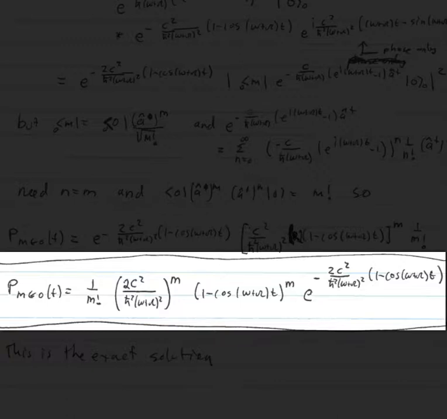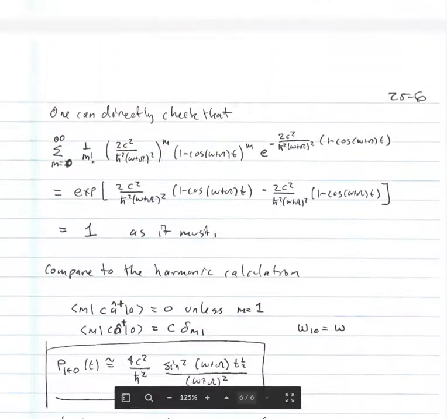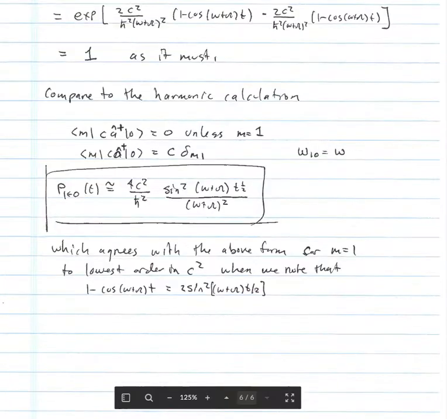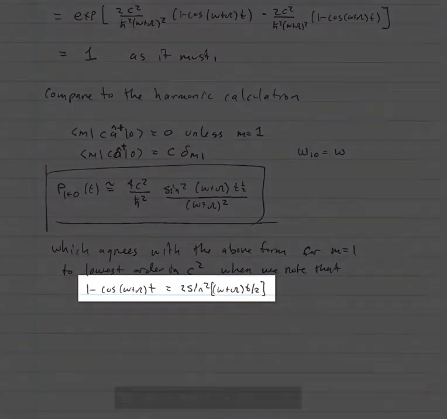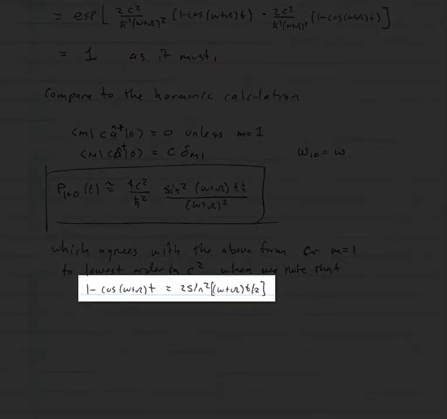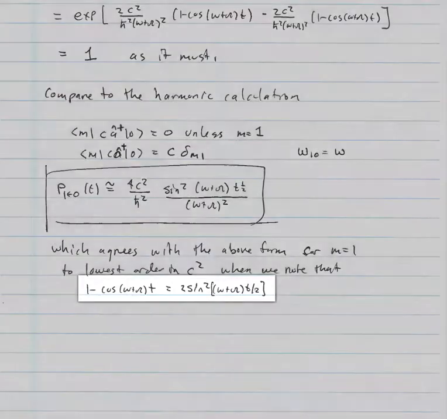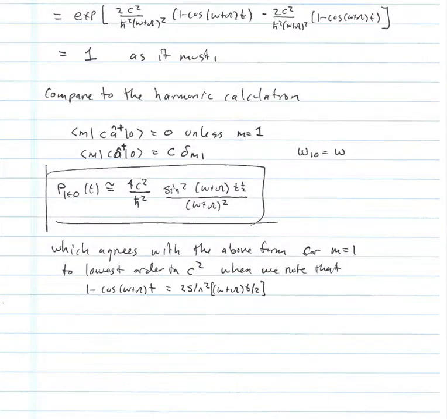And so you see what we're going to get is that this is 2c squared over h bar squared, little omega plus big omega squared, times 1 minus cosine little omega plus big omega times t. So now if we come back and we use the fact that 1 minus cosine little omega plus big omega times t is 2 sine squared little omega plus big omega t over 2, that's just a trig half angle formula, you see that these two expressions agree to order c squared.